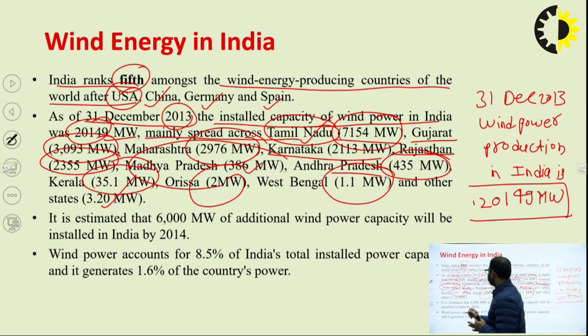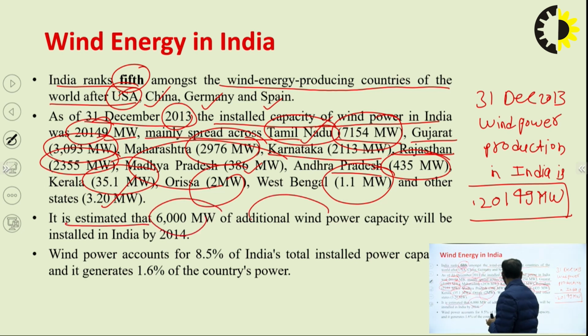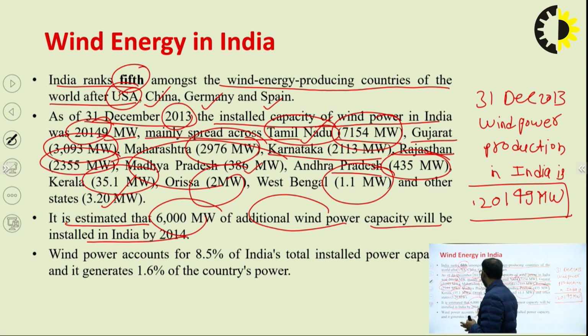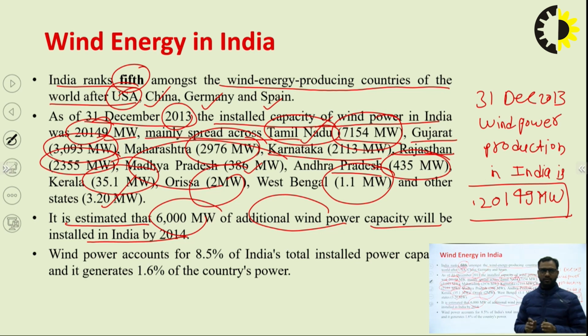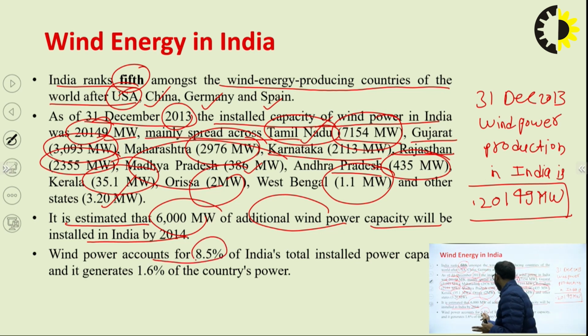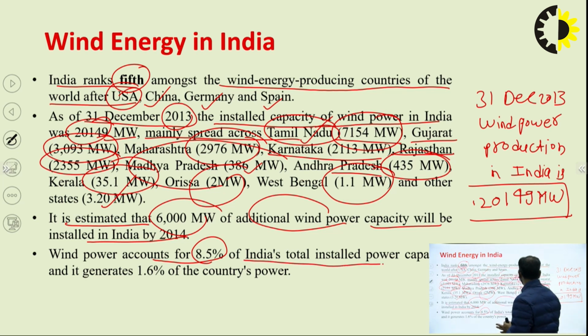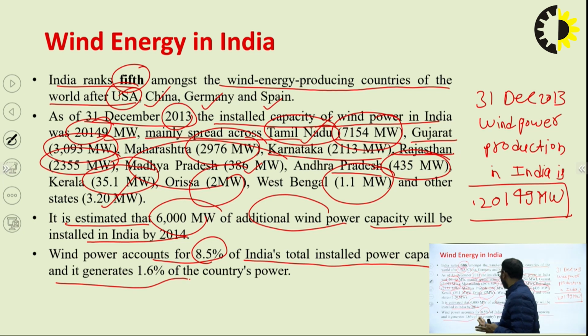Then it is estimated that 6,000 megawatt of additional wind power capacity will be installed in India by 2014. Wind power accounts for 8.5% of India's total installed power capacity, and it generates 1.6% of the country's power.